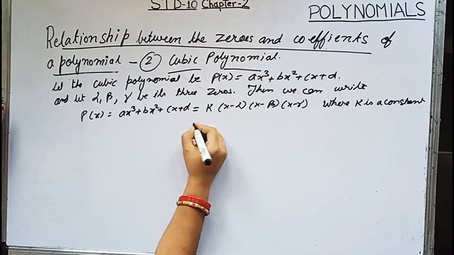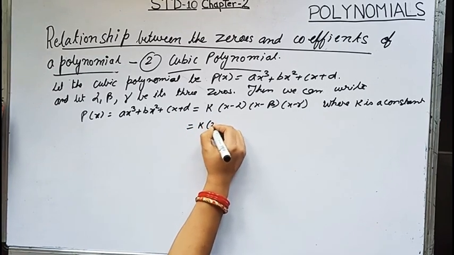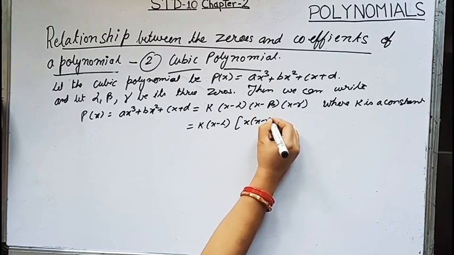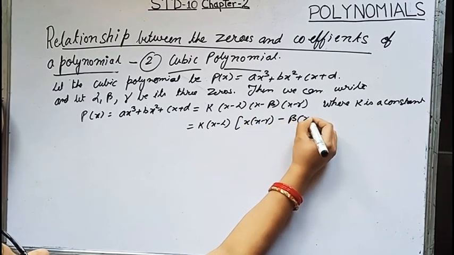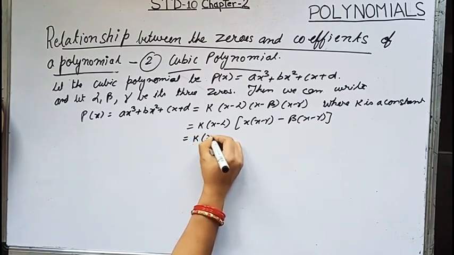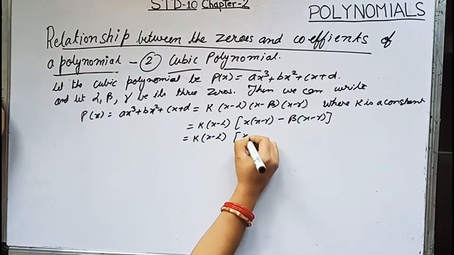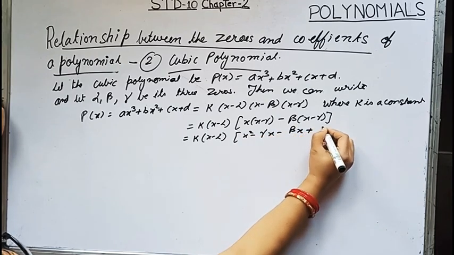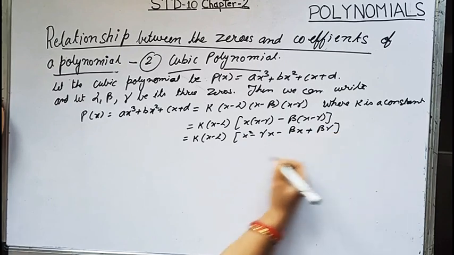Now let us expand it. So this I can write as k(x - alpha)[x(x - gamma) - beta(x - gamma)]. So this can be written as k(x - alpha)[x^2 - gamma x - beta x + beta gamma].